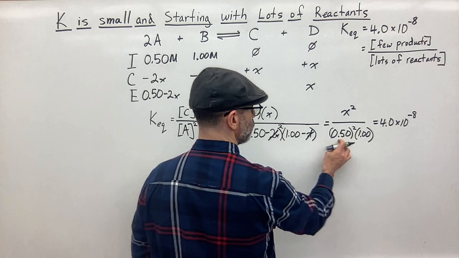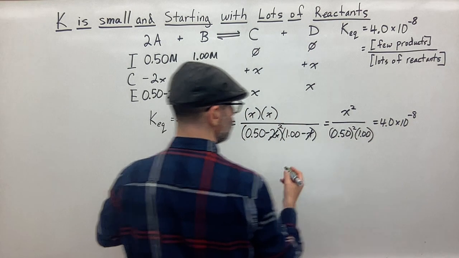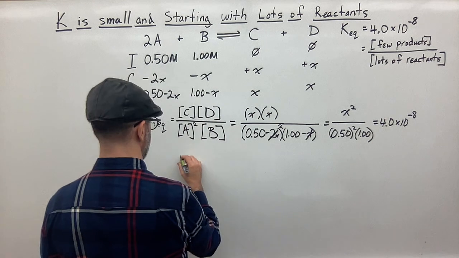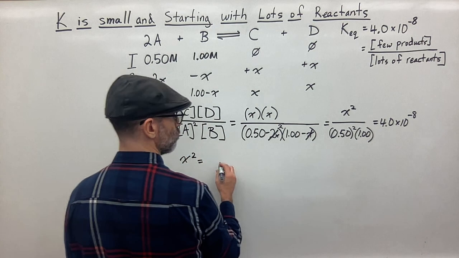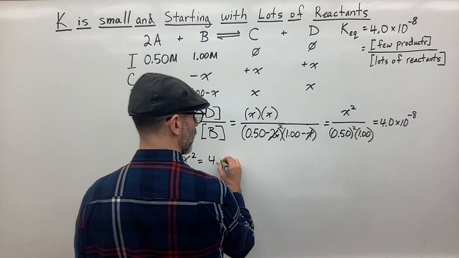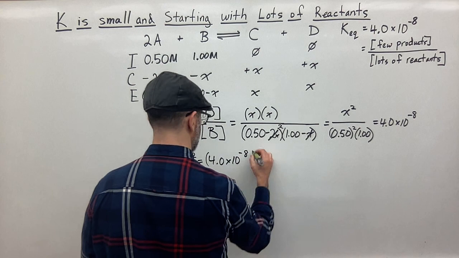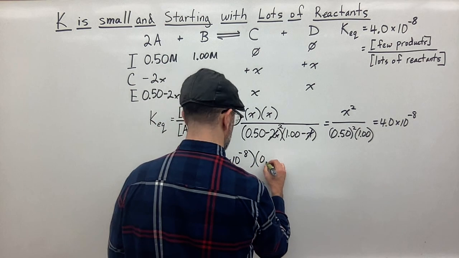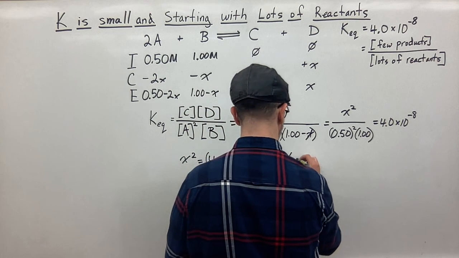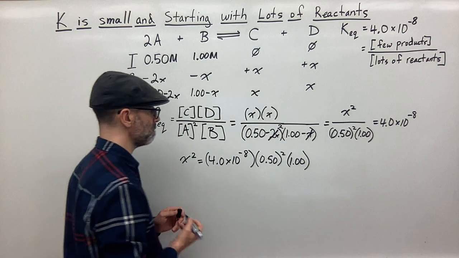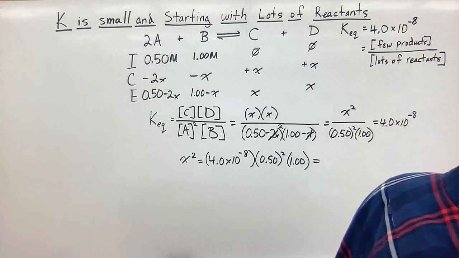If I multiply both sides by this and this, then I get x squared is equal to 4.0 times 10 to the negative 8, multiplied by 0.50 squared multiplied by 1.00, right?